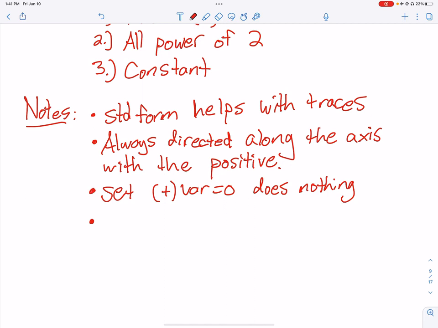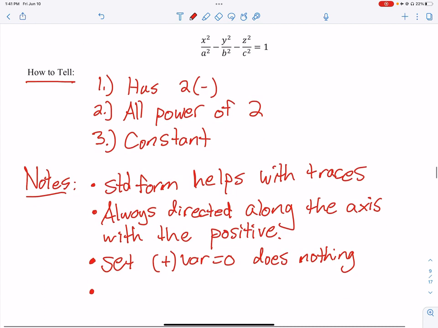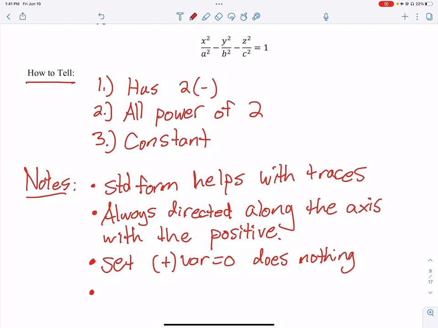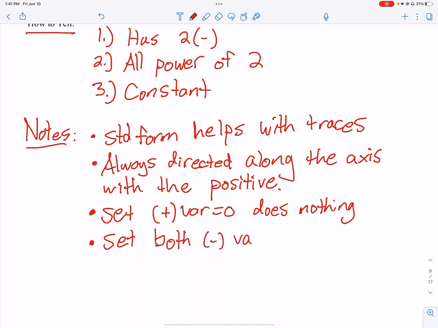So if you're unsure why it does nothing, go ahead and try to set the positive variable, the x up here, equal to 0, plug a 0 in for it, and try to solve, think about what shape that would be, or think about the graph itself. Just analyze the graph. Okay, so what would do something is if we set both negative variables equal to 0.